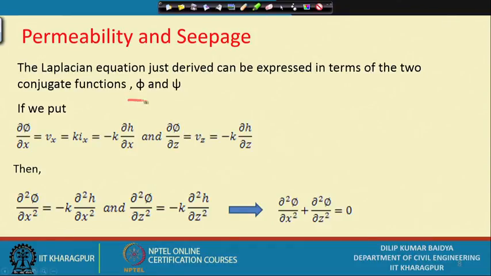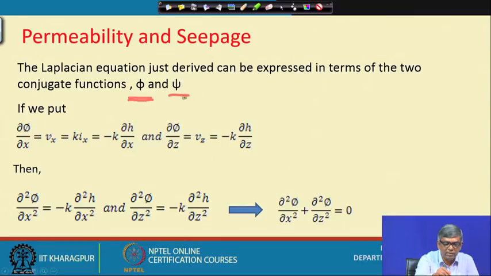Phi is the potential function and psi is the flow function, and we can prove that these two functions meet each other at right angles. That can also be proved, but we are not going into that. The only thing is that phi and psi follow the Laplace equation, which can be shown.